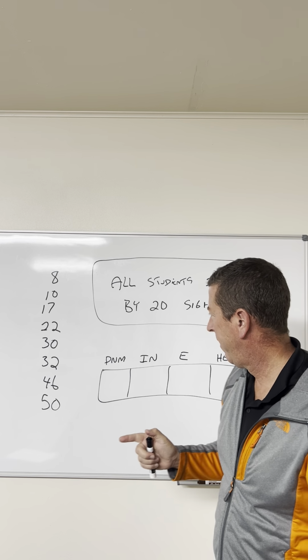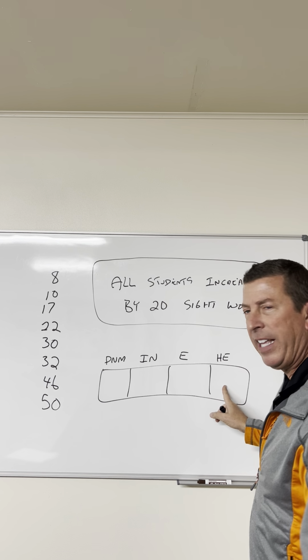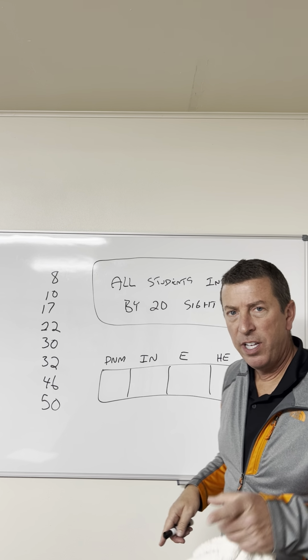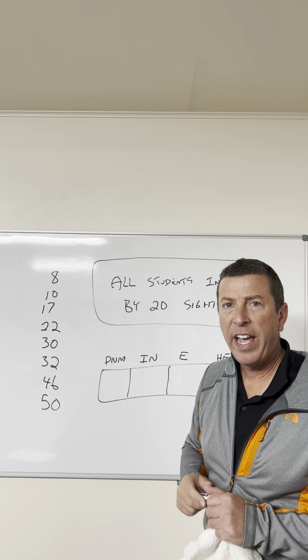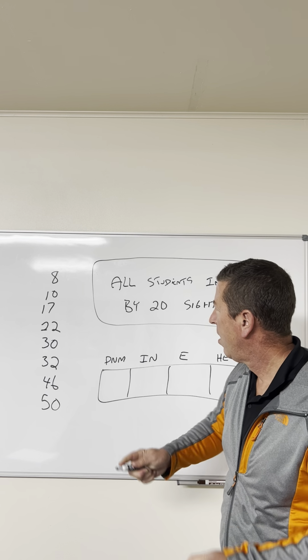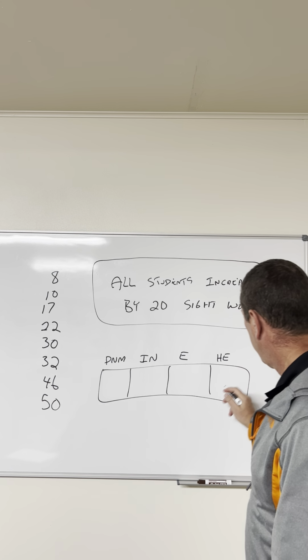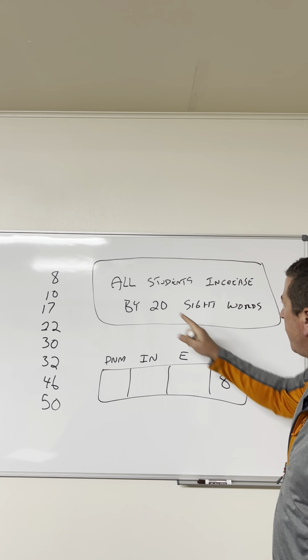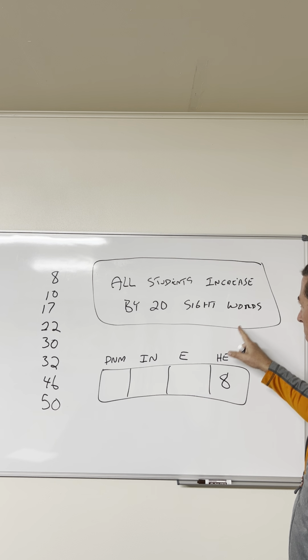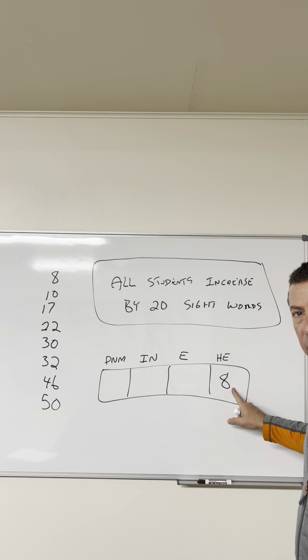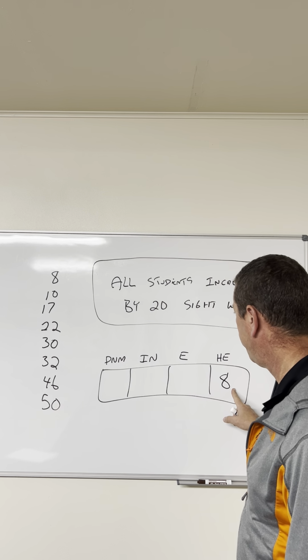What would be highly effective? You get to decide. Okay, you're going to challenge yourself. Highly effective would probably be all 8 of them. So my highly effective is all students increase by 20 sight words. 8 of them, you're saying you're highly effective.